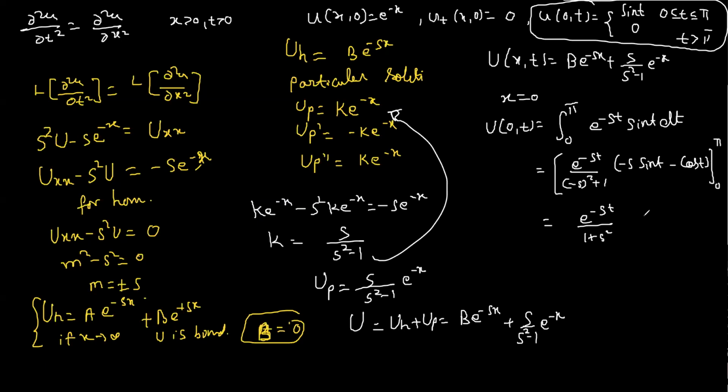Sin pi is 0, cos pi is minus 1, minus minus plus 1, cos 0 is 1, minus 0, so plus 0. Okay, so b is what?